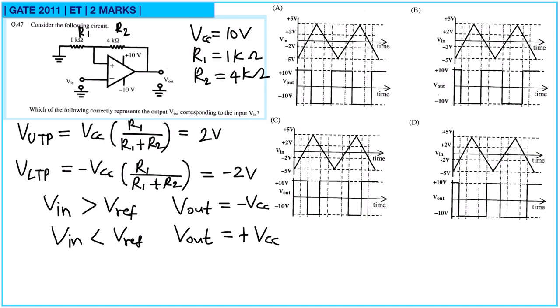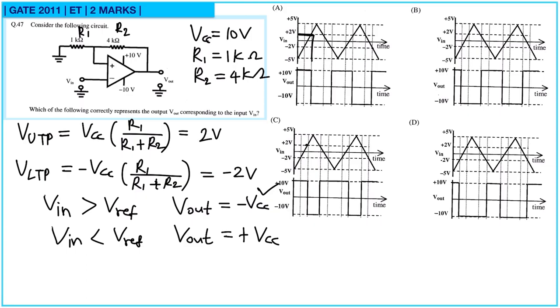So initially when the input is less than 2 volt, then the output should be positive. So if Vin is less than V reference, then the output should be positive. Here in this case the output is positive till this part.